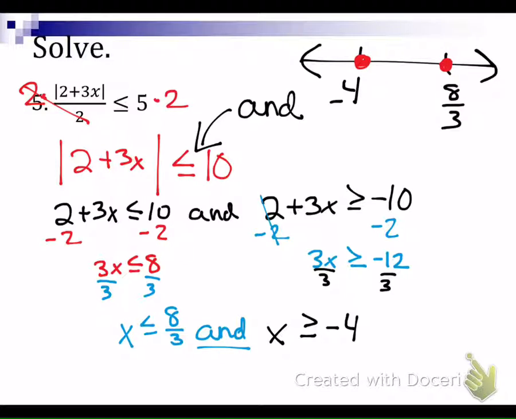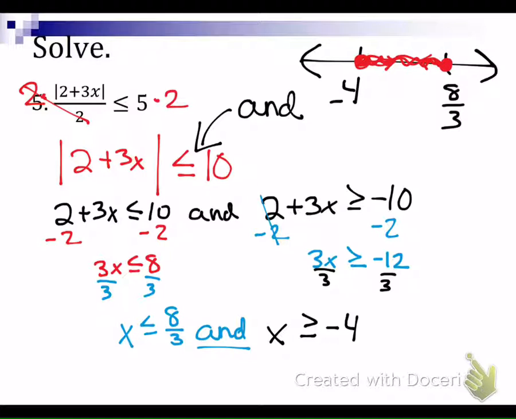I want greater than or equal to the negative 4. I want less than or equal to that fraction. And this is an and. So I'm looking for what part of the graph? Both. So you just shade right where the overlap happens.